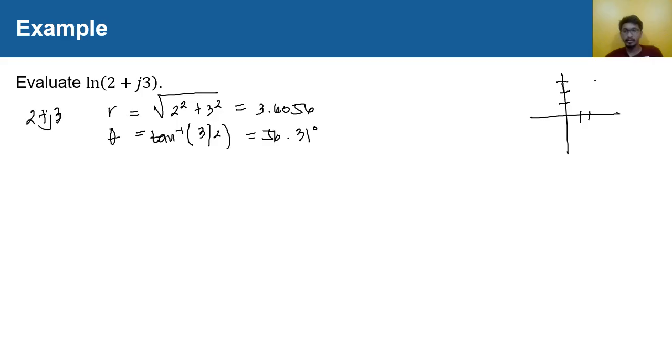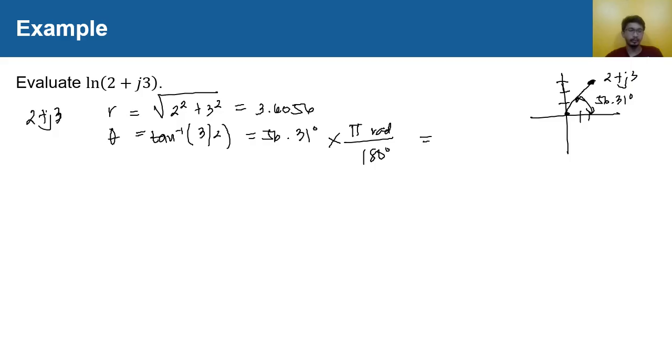Okay. So we have this complex number 2 plus j3, and this is the angle theta, which is 56.31 degrees. And then we convert this angle to radians. So we now have times pi rad over 180 degrees.